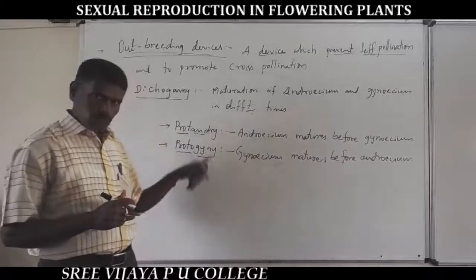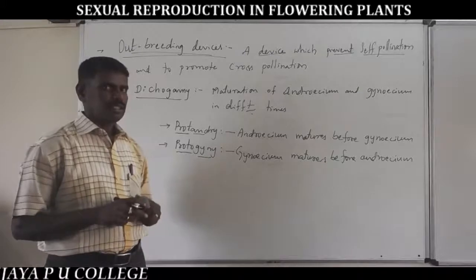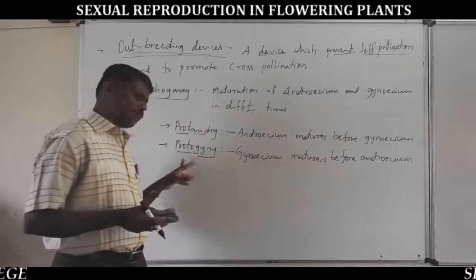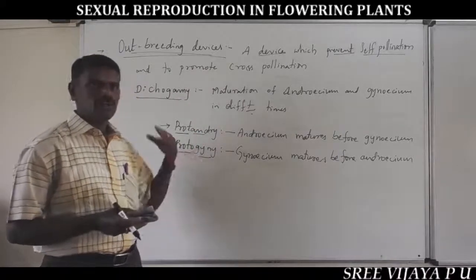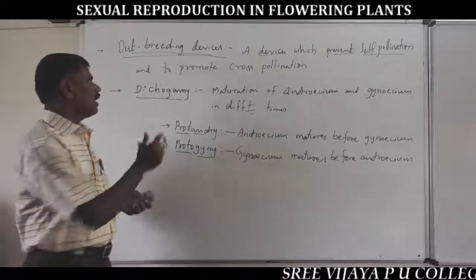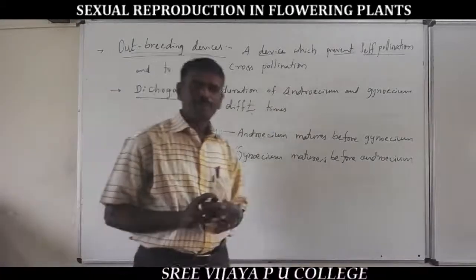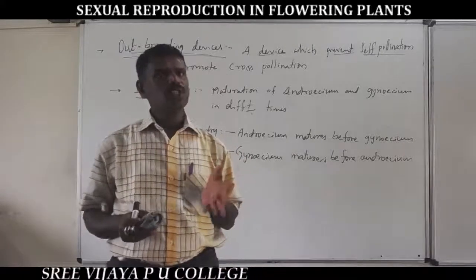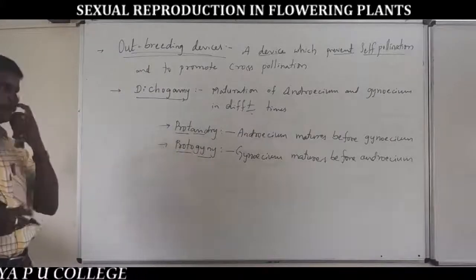In both conditions, autogamy or self-pollination does not occur. Protandry and protogyny are both outbreeding devices, making up dichogamy: maturation of gynoecium and androecium at two different times.